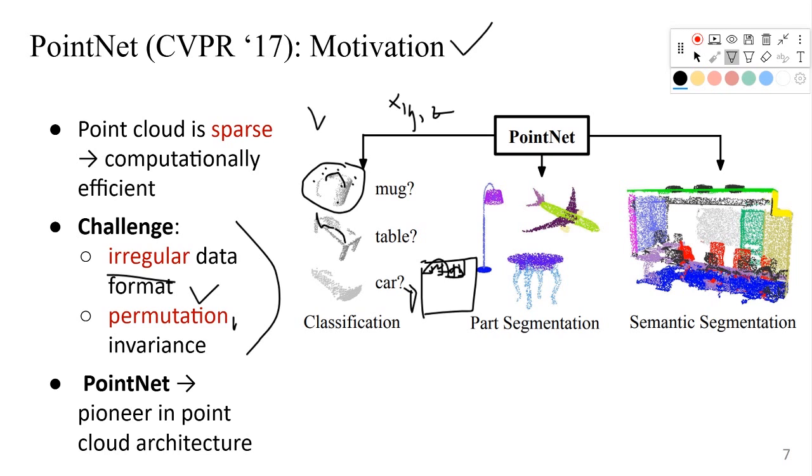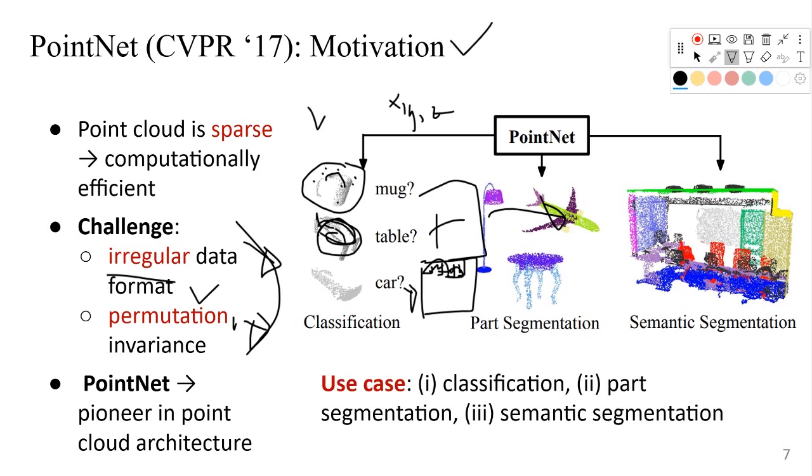If we shuffle the input order of the points and apply a network, the output features should be the same, no matter how we shuffle the input. The output should be the same. PointNet is a pioneer because it addressed this issue, and they proposed a solution, which we will discuss later.